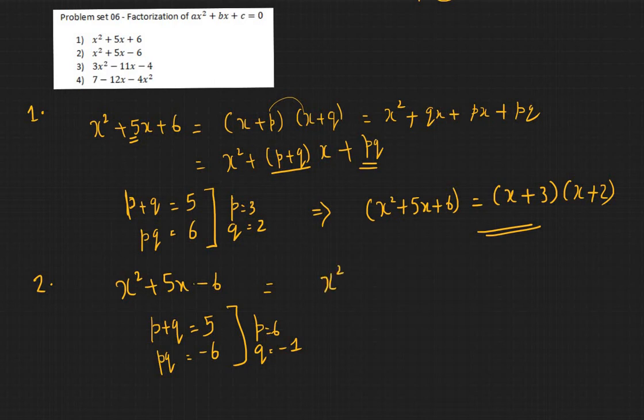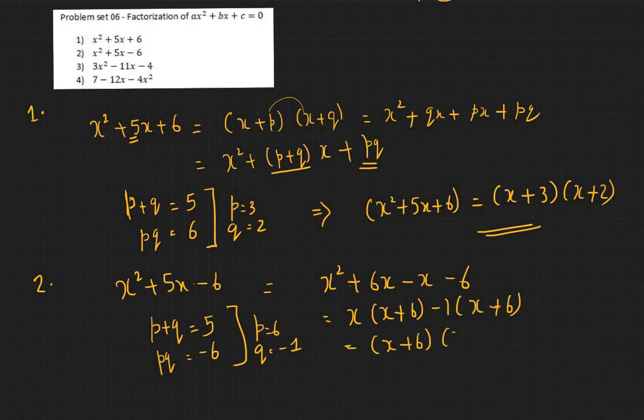So you can split the middle term as plus 6x minus x, or you can say x into (x plus 6) minus 1 into (x plus 6). You can take x plus 6 as a common term. This would be (x plus 6) into (x minus 1). So that's how you can solve the problem.